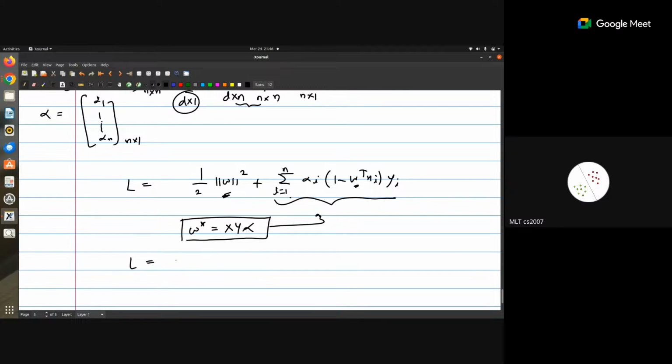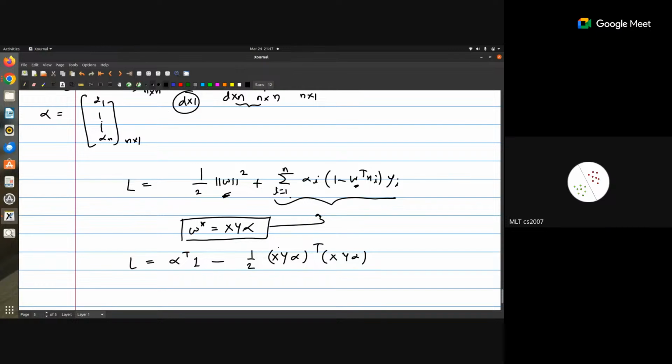What you will get is alpha transpose into 1. Sir has written 1, so what is that 1 for? A vector containing a column, 1 into n, yes, 1 n times. Minus half times alpha transpose XY alpha.